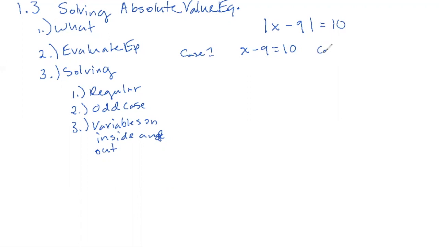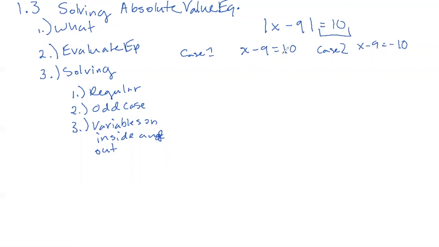And case two is if we're going in a negative direction. In other words, you set it up so that you have x minus 9 equals 10 or x minus 9 equals negative 10, and you deal with the two cases separately, okay? So you take this number positive, and then take this number and make it negative.